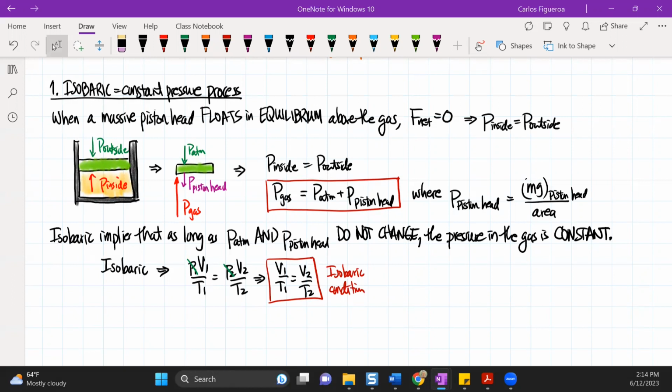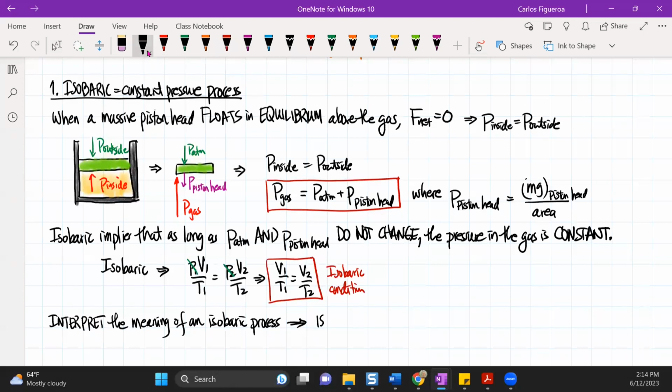So now that we have that, I could then start to interpret what I mean by an isobaric process. So now let's interpret the meaning of an isobaric process. And you're going to see here that there's actually two of them.